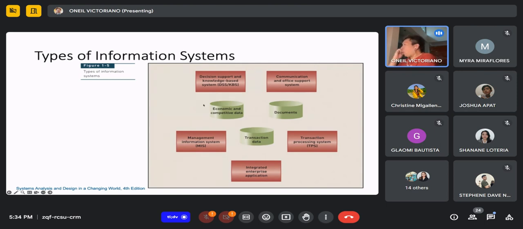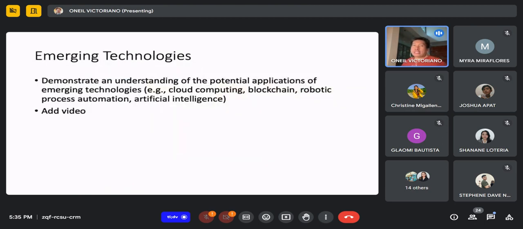So we'll be going to data later, how data is very useful, and we have cycles for data governance. Okay. So that's the connection of the different information systems in terms of data. Okay. So from information systems, we go to emerging technologies.